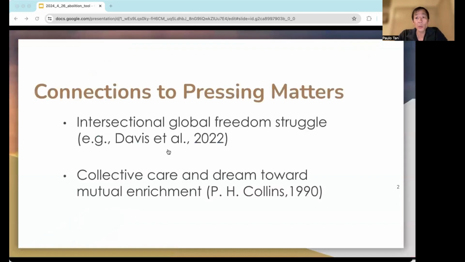Okay, so one important point that I want to make here is that abolitionist practice has a bigger vision, a bigger drive than just typically what happens in mathematics classrooms.